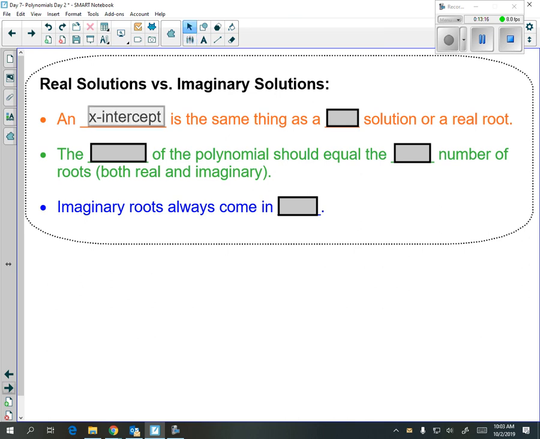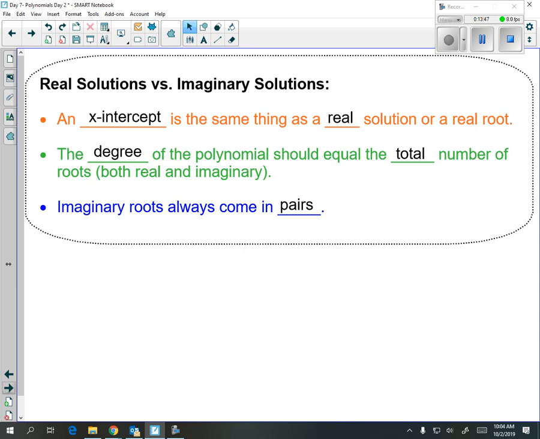So, an x-intercept is the same thing as a real solution or a real root. You might know this as roots, zeros, x-intercepts. Now, the degree of the polynomial should be equal to the total number of roots, both real and imaginary. And you should know that imaginary roots always come in pairs.